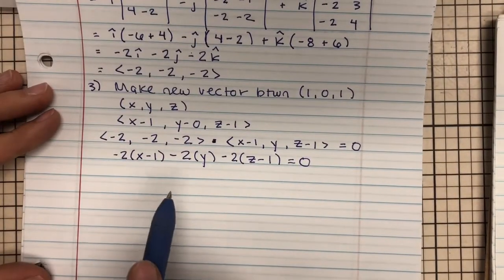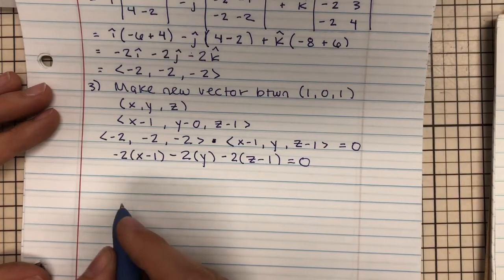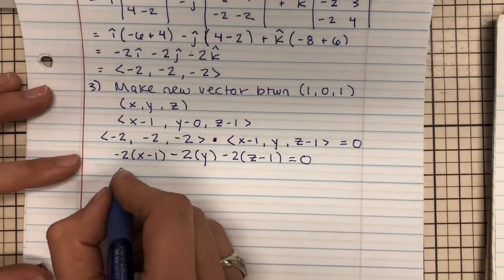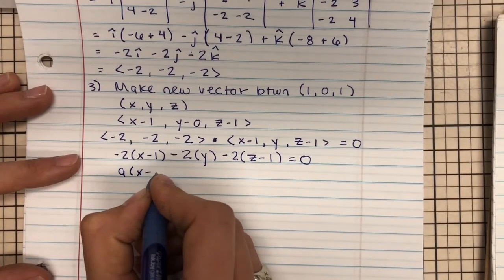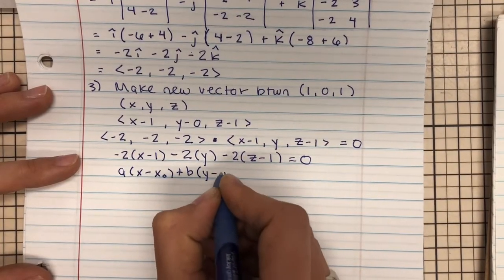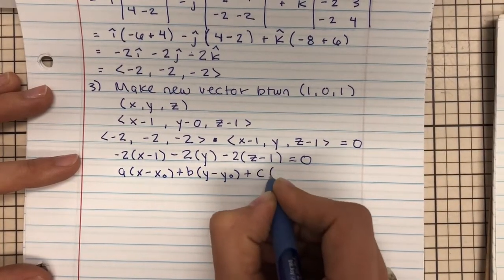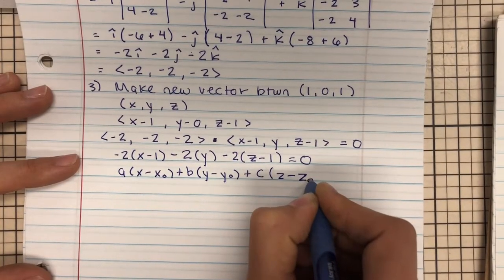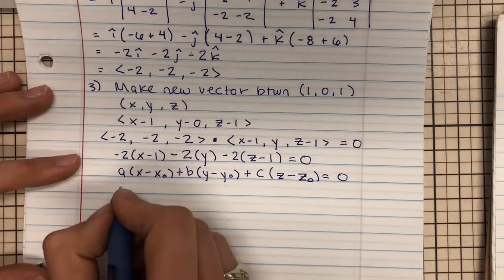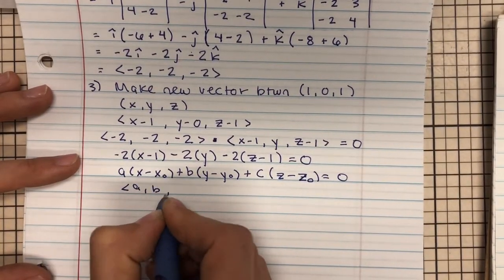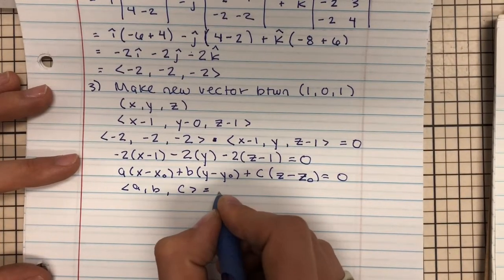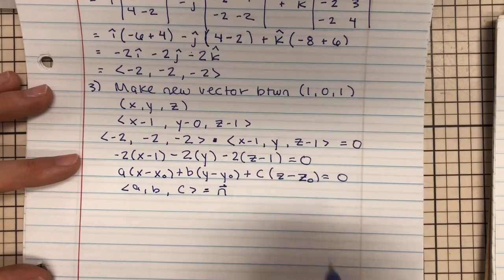And you're thinking, okay, so how does this relate to some of the formulas I see in the notes? Well, this is the same formula as a(x minus x naught) plus b(y minus y naught) plus c(z minus z naught) equals 0, where a, b, and c are components of the normal vector, which I'll call n for reference.